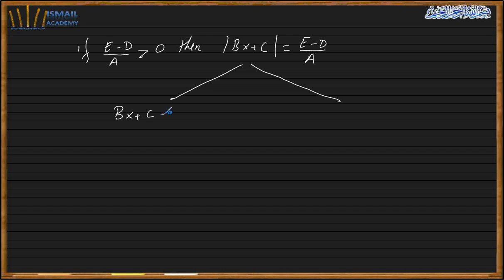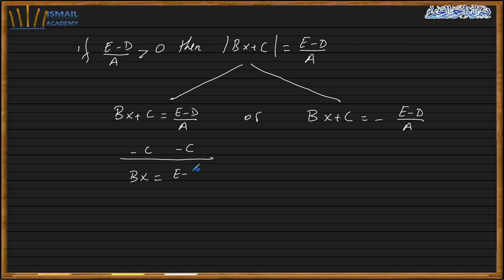Bx plus c equals E minus D over A, or bx plus c equals minus E minus D over A. Then you solve for x. I minus c both sides, so I get bx equal to E minus D over A minus c. Same thing here, I minus c both sides.